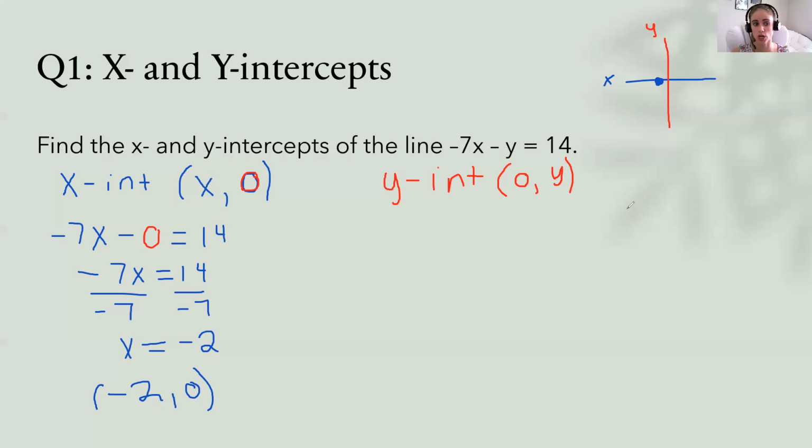So this time we're going to use our equation and plug in 0 for x so we can find what the y value would be. We have negative 7, but instead of negative 7 times x, we're substituting that 0 in, it would be negative 7 times 0.